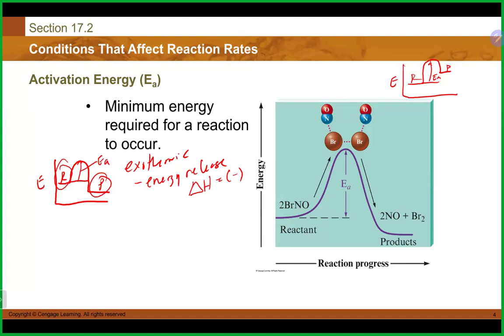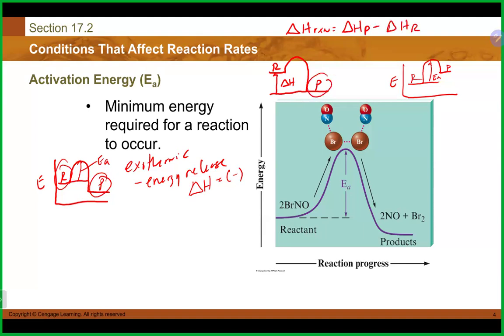And that is because when you look at the difference between your reactants and your products in this case, the difference between that energy is the delta H. And one way that you calculate delta H that we talked about is to take the delta H of your products minus the delta H of your reactants.